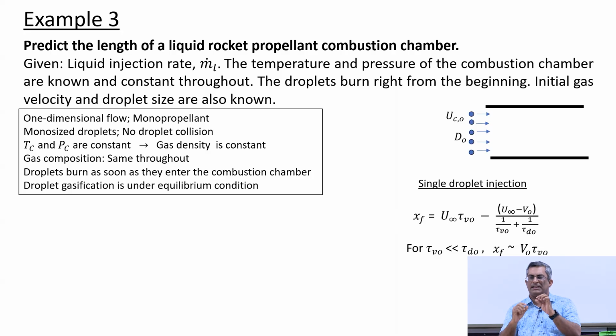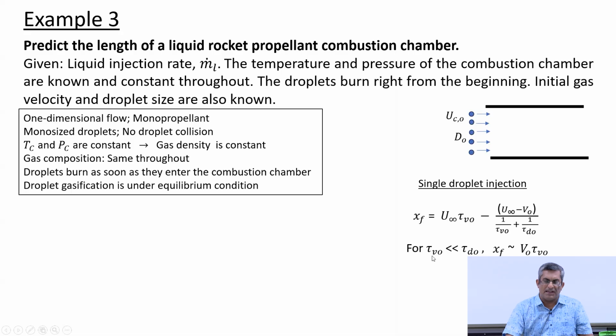If I inject one particle, how long will it travel before it evaporates completely? That distance is basically the length of the liquid propellant combustion chamber. But in this case, we have only one droplet injected, and we get this expression.